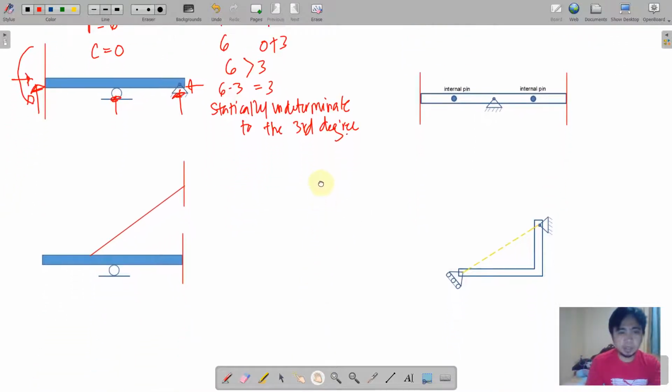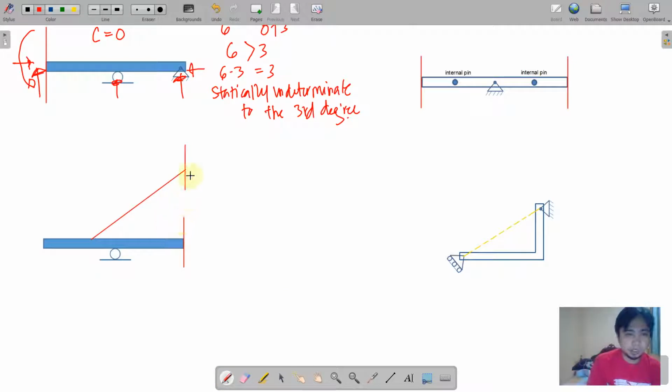So for the next problem, again, we have here a fixed end supporting this beam. Please do not count this one because this is just a support for the cable. Our concern is the determinacy of this beam. So we have 3 again for this fixed support. We have 1 for our roller and a count for the cable here. So all in all, we have a total of 5 reactions.